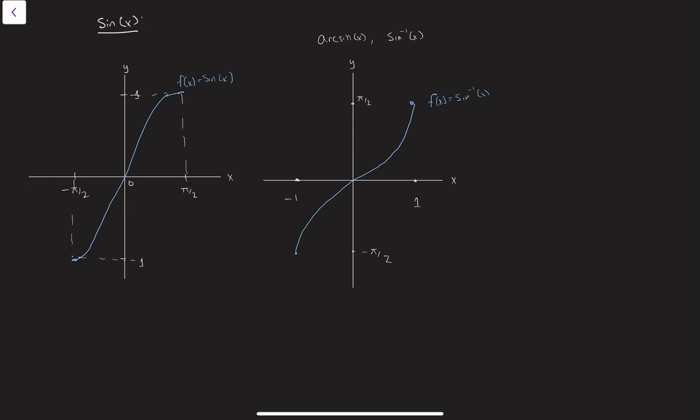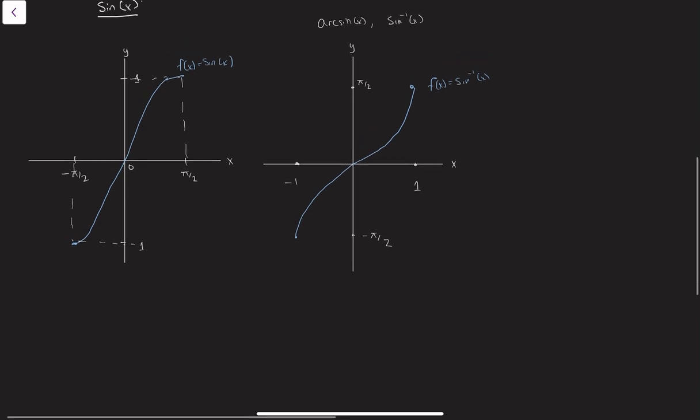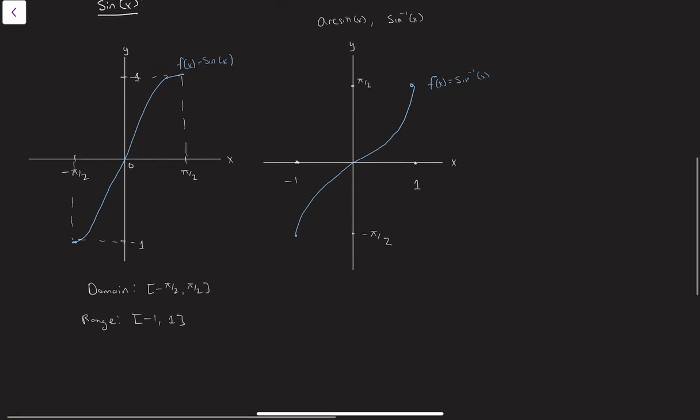Great. So let's talk about the domain and range of these functions real quick. So the domain, we'd have to say, for the original function is between negative pi over 2 and pi over 2. And the range is between negative 1 and 1. However, for the inverse function, we know that this is exactly the opposite.